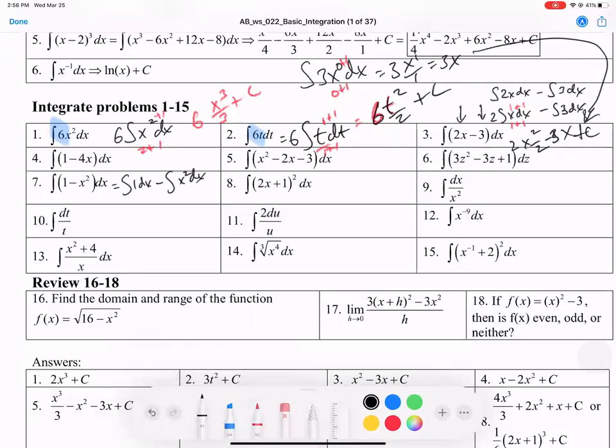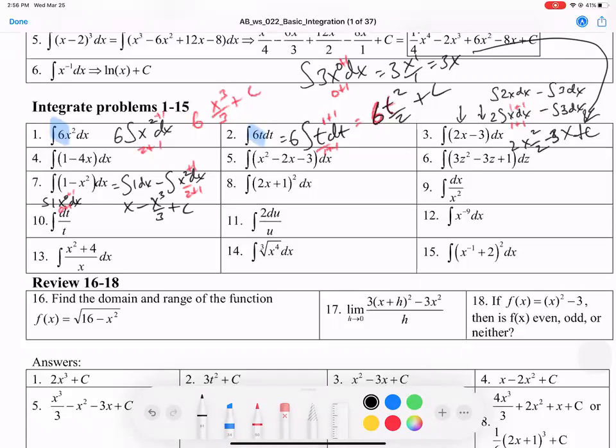If I write it on the side as the integral of 1, x to the 0, 0 plus 1 is still 1. So I'm giving myself back an x. 2 plus 1 over 2 plus 1 is 3. That's a minus sign. x cubed over 3 plus c.